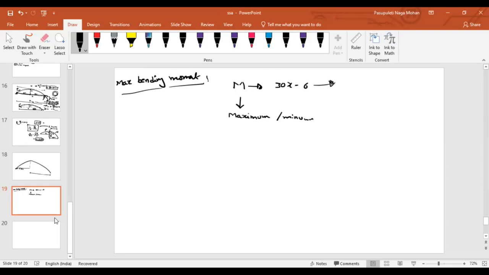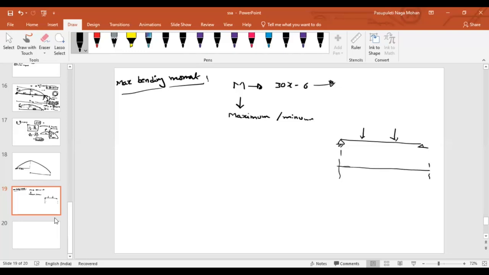What is the maximum bending moment you might have seen? If you are talking about strength of materials, which condition have you applied to get the maximum bending moment? Maximum ordinate, area under load. Area under the load, or let us say this is my loading curve.